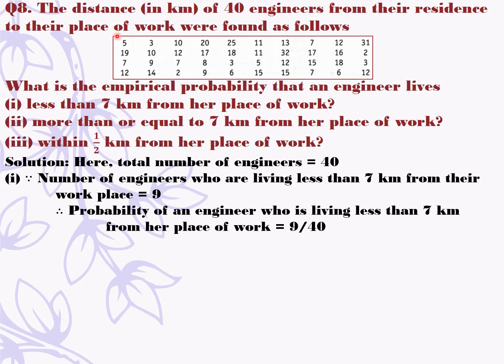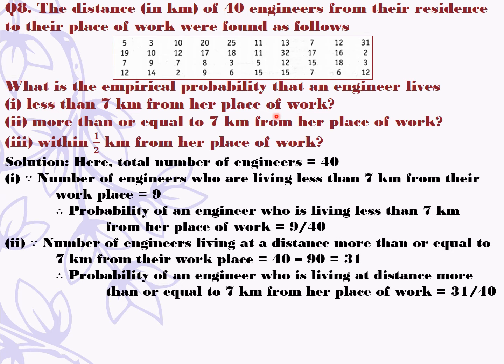Total number of engineers are 40. So the number of engineers who are living less than 7 km from their workplace is 9. So definitely the remaining engineers live equal to 7 km or more than 7 km apart from her workplace. Thus, we can calculate from here, but we have 40 engineers to work with. Therefore, we can simply subtract the previous event, 40 minus 9, which will be 31.